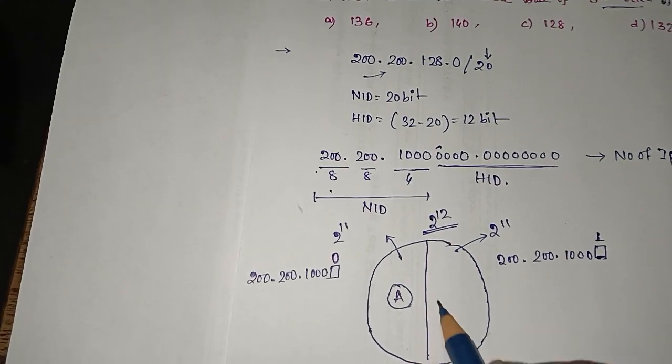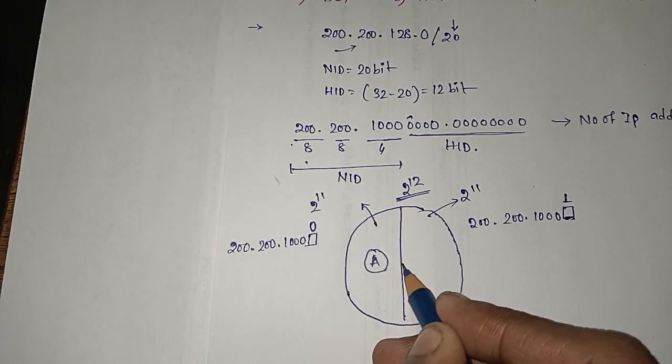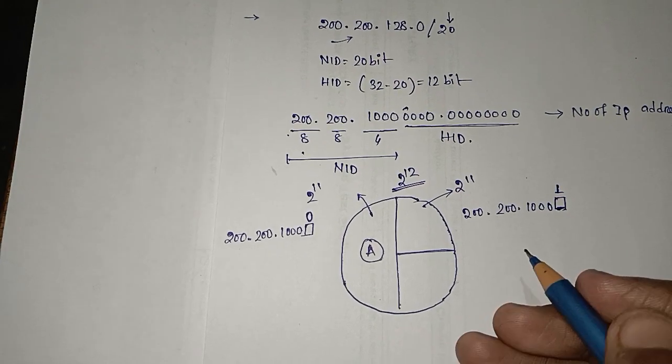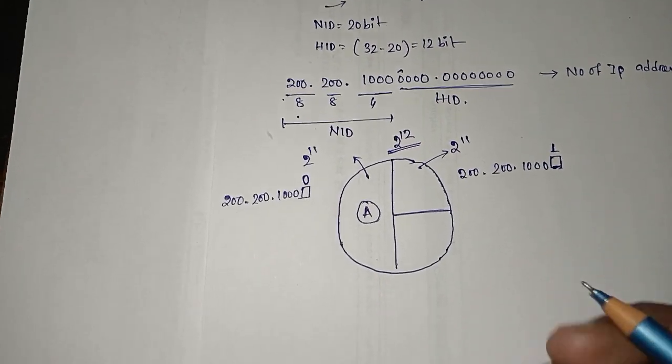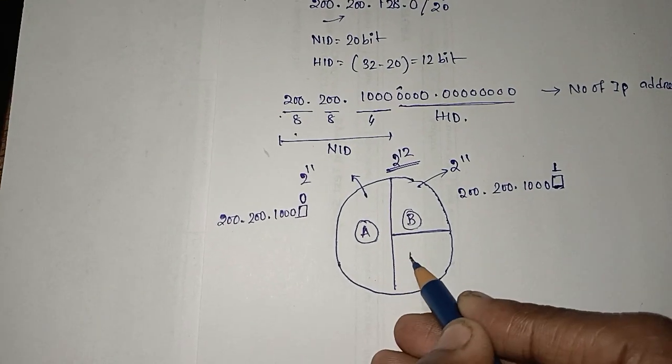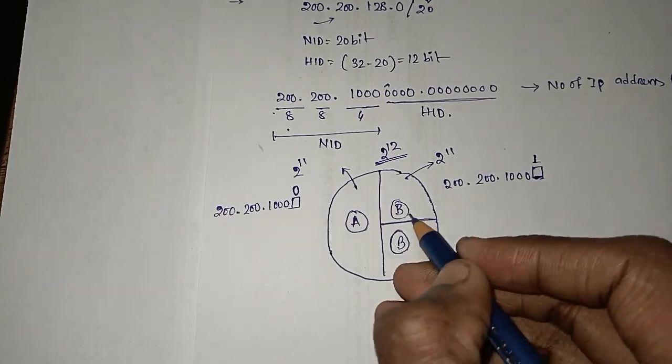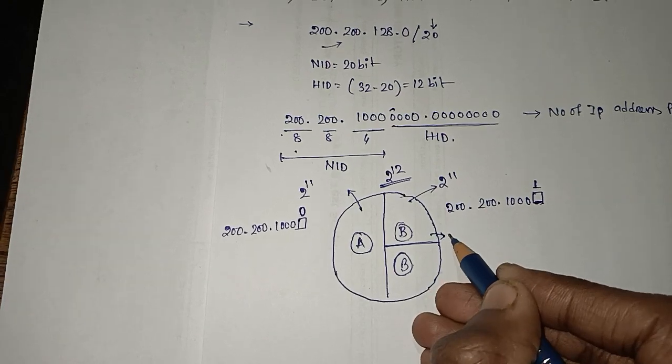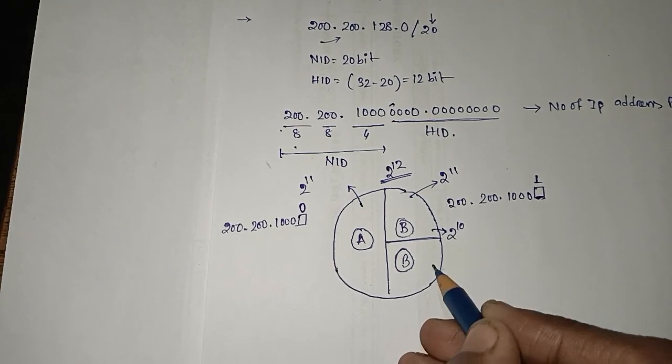Then we have to break this second half into two parts to give to organization B, either this part or this part. If we break it down, the number of addresses possible for each quarter is 2 to the power 10.